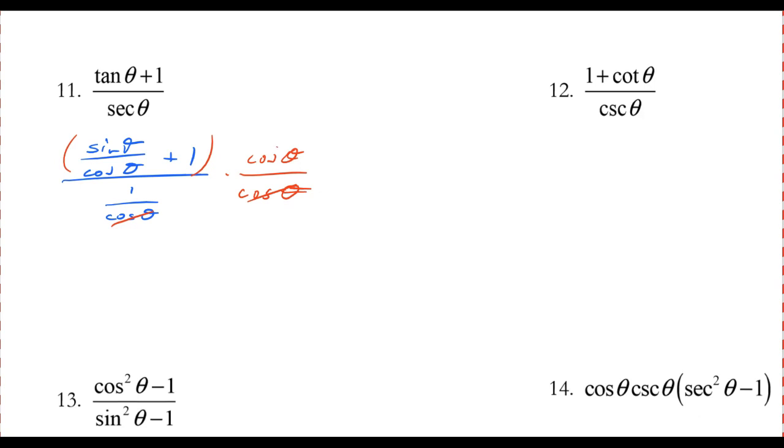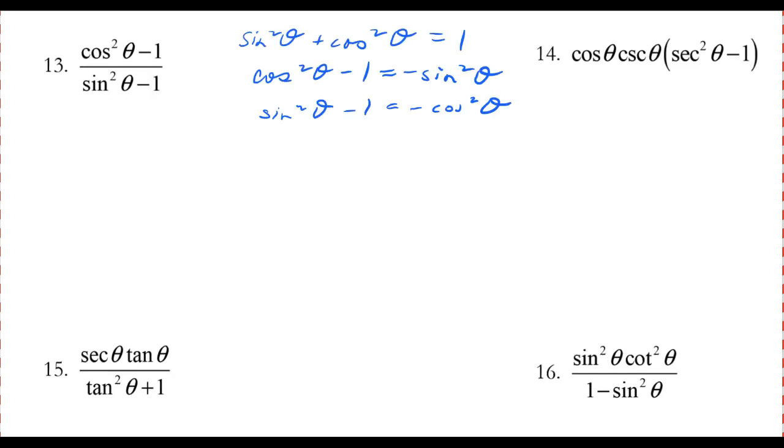So this cosine is going to distribute to this part. And so that will give us a sine of theta, because that cosine divides that cosine of theta. And then this cosine multiplies that 1, and so we get cosine of theta right here. And so this is simplified to sine of theta plus cosine of theta. And we are done.